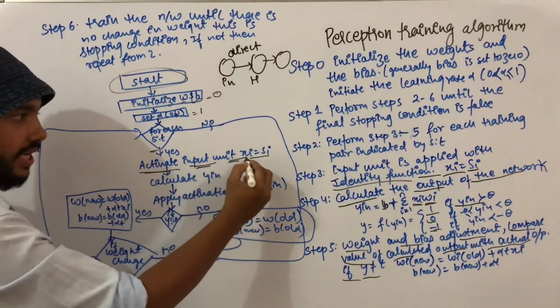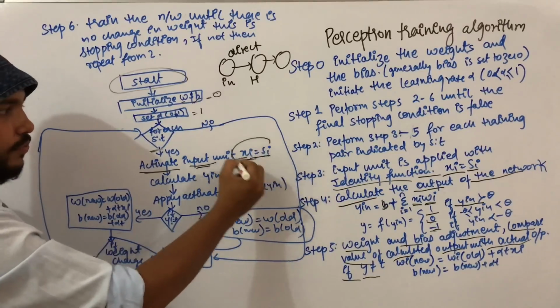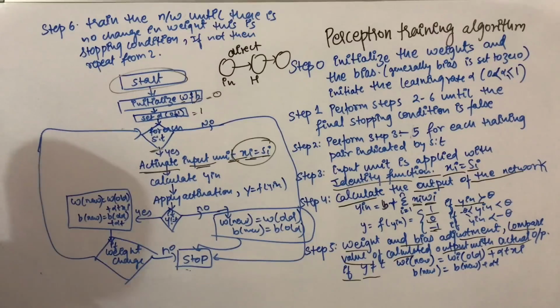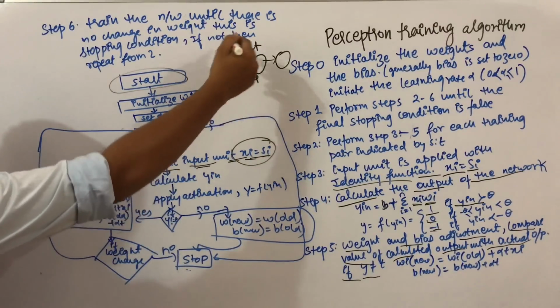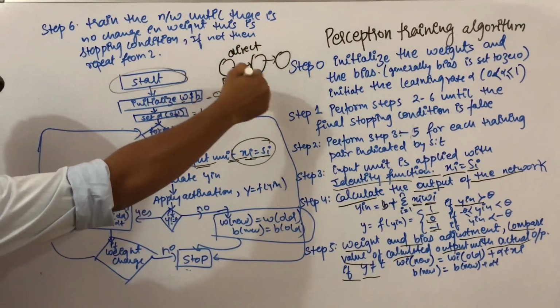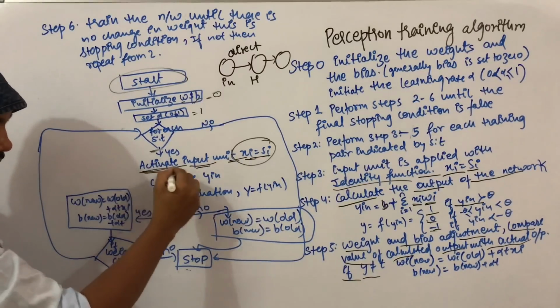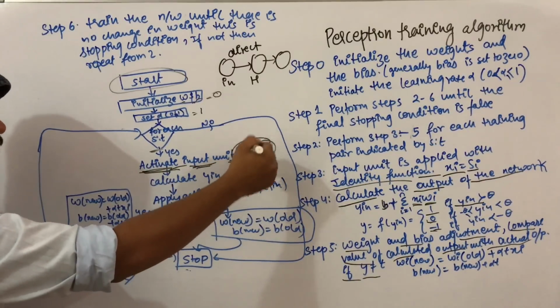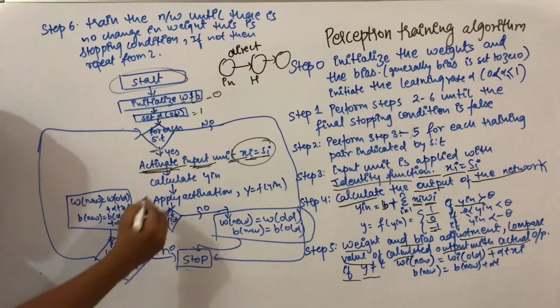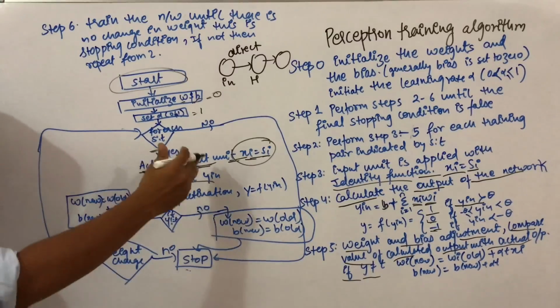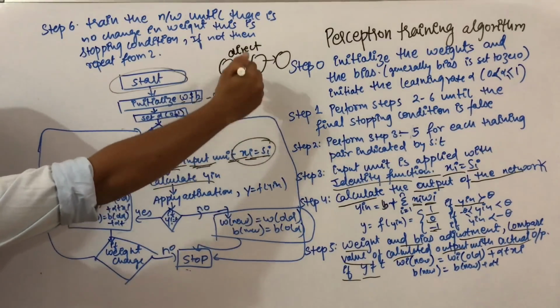Activate input until xi equals si, that is, we use the identity function. The direct input value is given to the hidden or associative unit with the help of the identity function. Now we calculate yin with the given associative unit value.